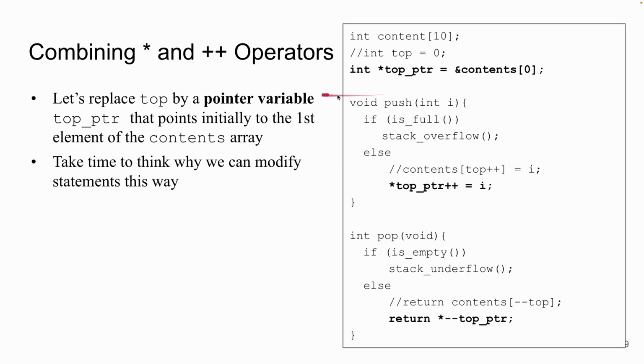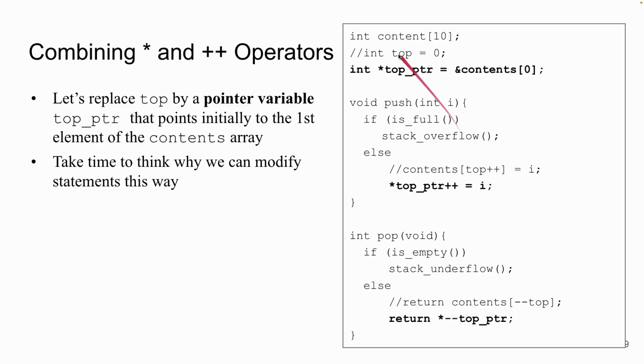However, we can actually replace top by a pointer variable top PTR. So instead of having another integer variable top, we can have an integer pointer variable, and this variable points to the content array directly. So we can directly point to the content array, and we can get the value inside the content array by this top PTR pointer variable.